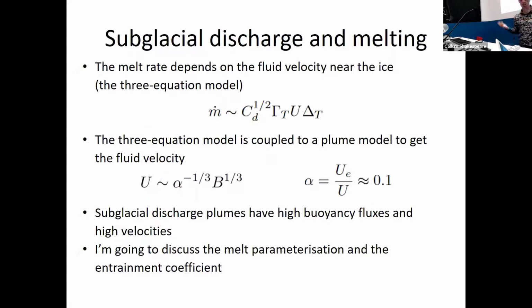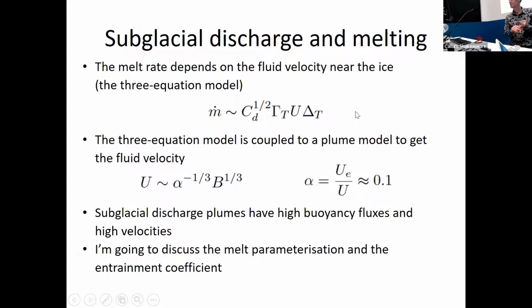So the reason we care about this is to do with melting, and I will use a slide just to talk about this. Maddie did some work for me talking about this melt rate parameterization, which is widely used in situations where it may or may not be appropriate. But effectively what we're doing is parameterizing our melt rate by a drag coefficient multiplied by the flow velocity. This was Maddie's friction velocity that she talked about, multiplied by a temperature difference between the ocean and the ice face, and then some transfer coefficient.